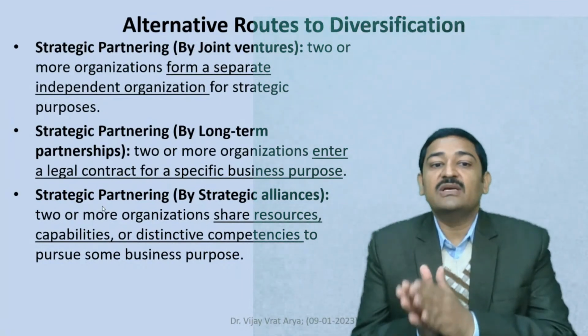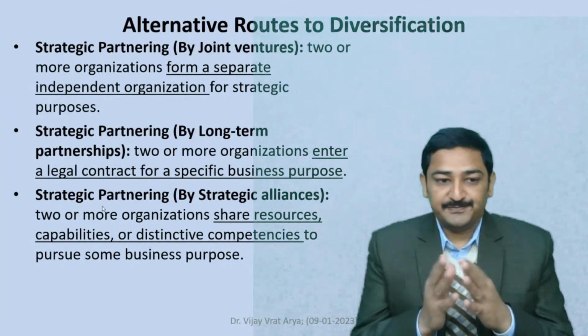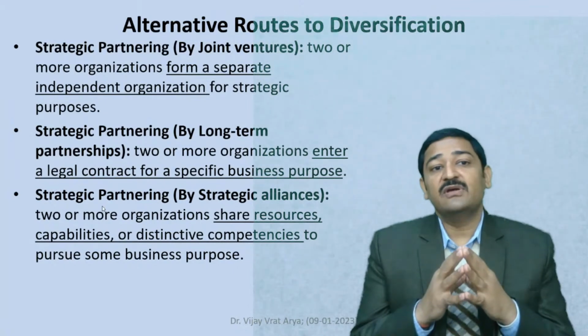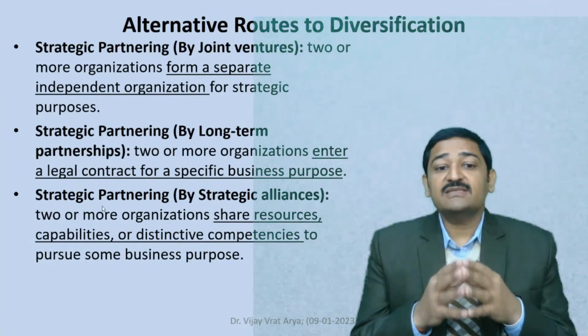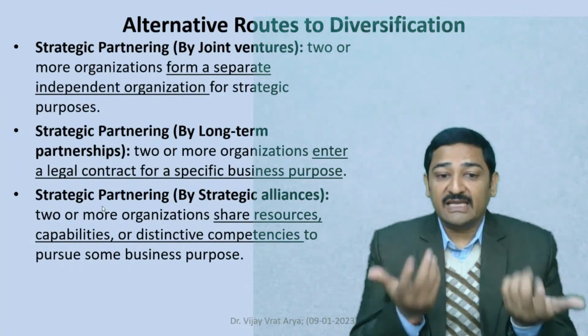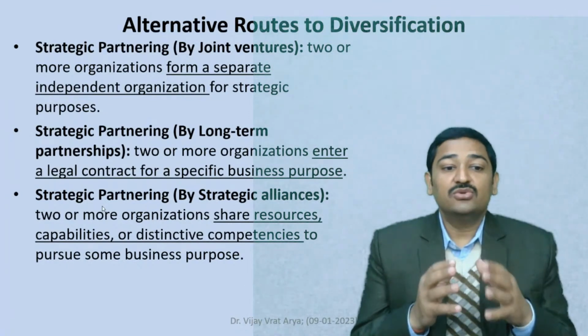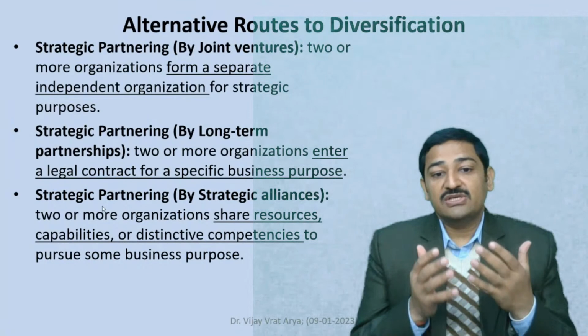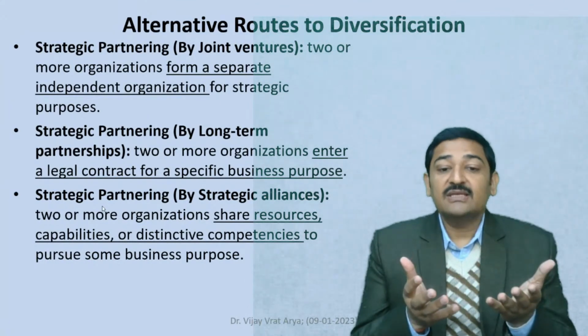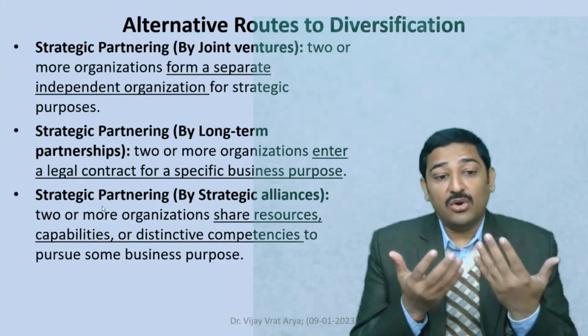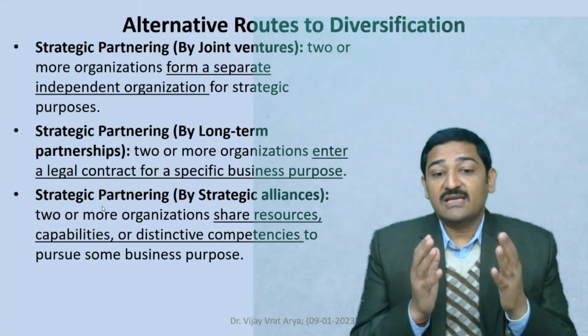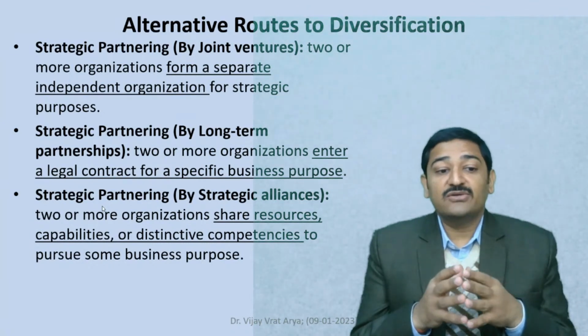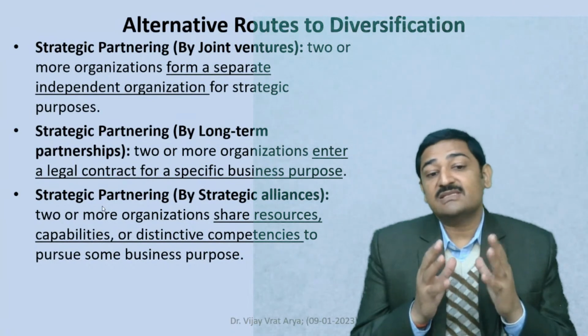Once the purpose is over, the long-term partnership is over. The third type of strategic partnering is by way of strategic alliances. In that, two or more organizations share resources, capabilities, or distinctive competencies in order to pursue some business purpose.